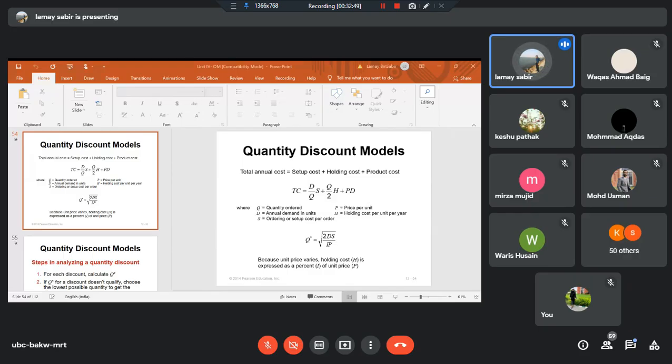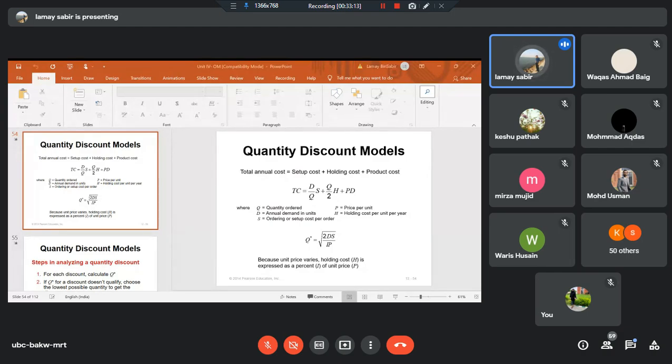What is this I? I is a percentage and P is the per unit price. So please make a note that sometimes holding cost is not given to you directly. Rather, it is given to you as some percentage of the price.